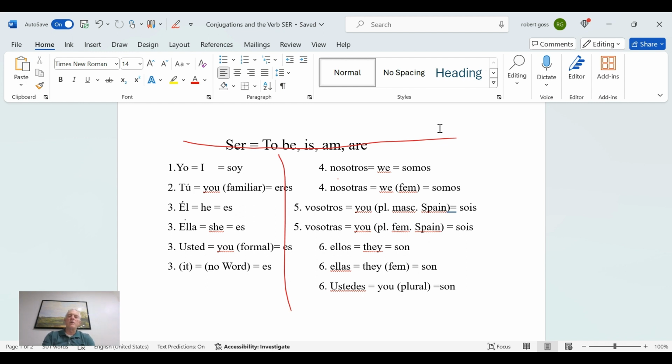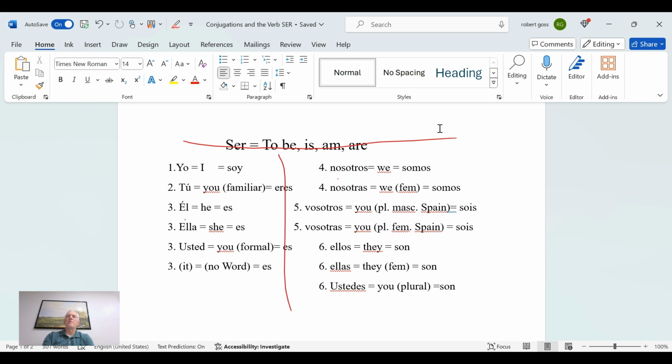Number 6 is ellos. Ellos means they that are masculine or they that's a mixed group. And the verb ending would be son. Ellos son, they are. Then we have another word, ellas means they, but this time it means that in that group of they, there are only girls. So it's they that are feminine. Well, they that are feminine are would be ellas son.